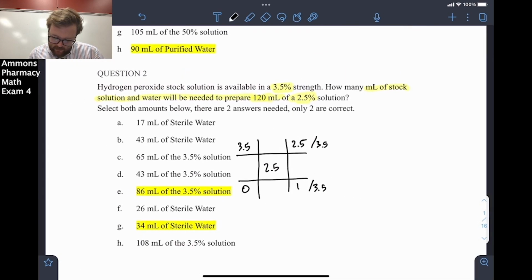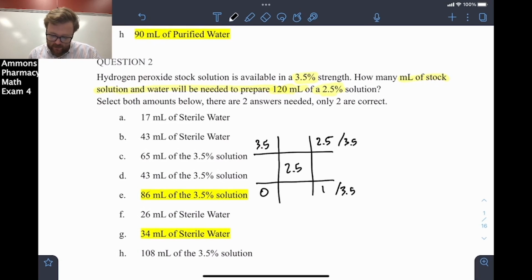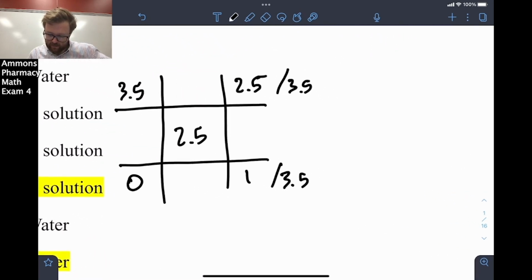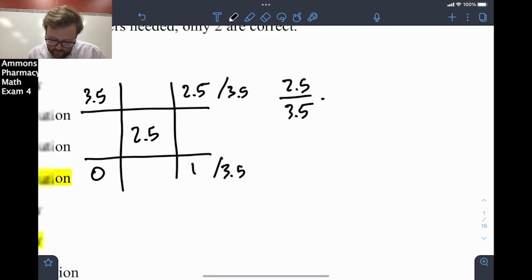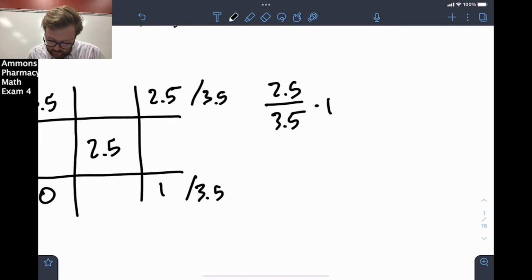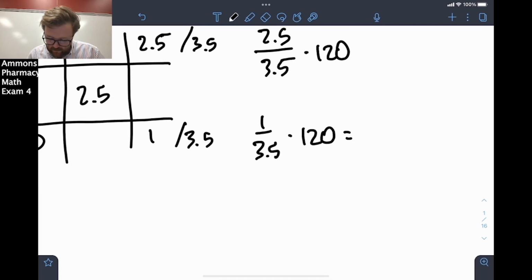How many are we trying to make? We're trying to make 120 mLs. Okay, so that's 2.5 over 3.5 times 120, and that's 1 over 3.5 times 120 as well.